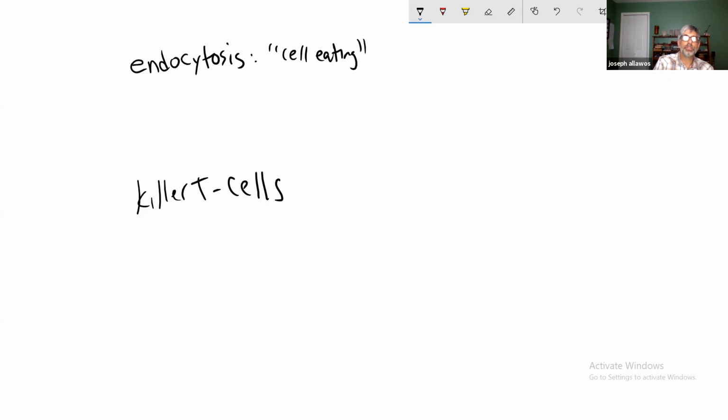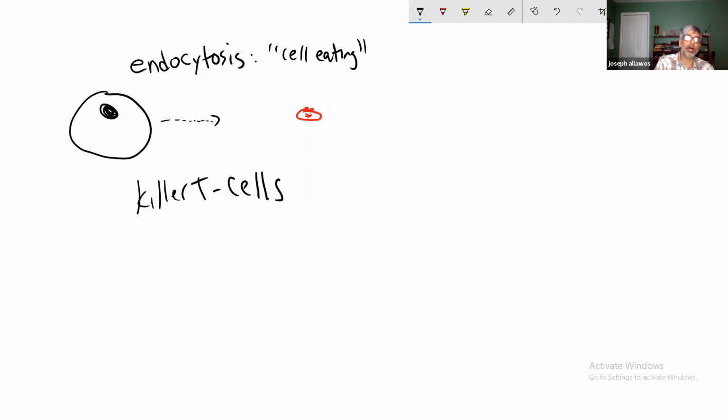Okay, so let's draw a little bacteria. There's this little guy, he's a little bacteria with a smiley face. He's happy, okay? And here's a killer T cell. Killer T cell comes along. It is able to recognize that this bacteria doesn't belong based upon the proteins on its surface.